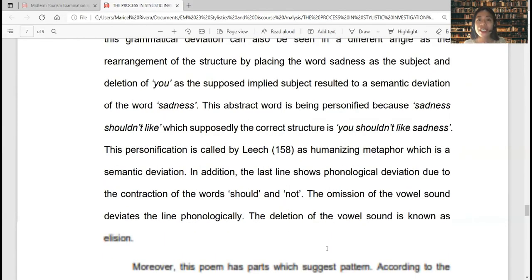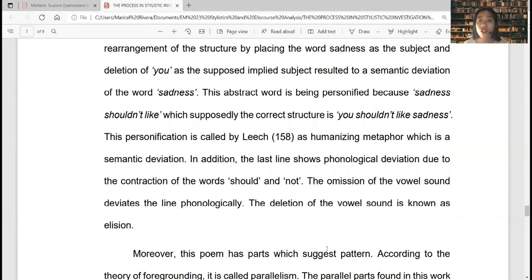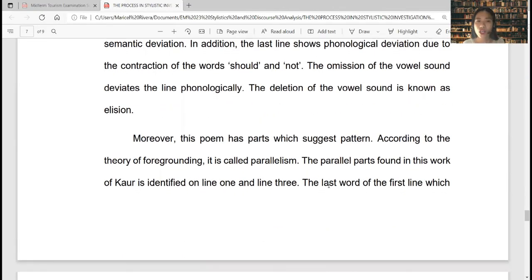So in addition, the last line shows phonological deviation due to the contraction of the words should and not. So the omission of the vowel sound deviates the line phonologically. The deletion of the vowel sound is known as elision. Okay. Moreover, this poem has parts which suggest pattern.